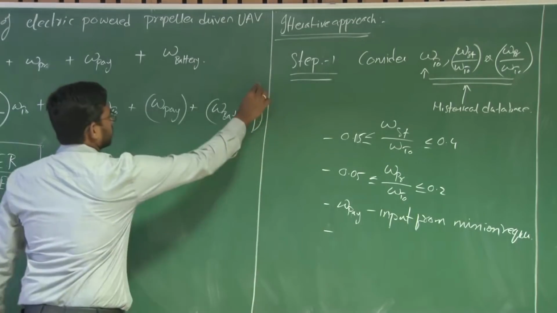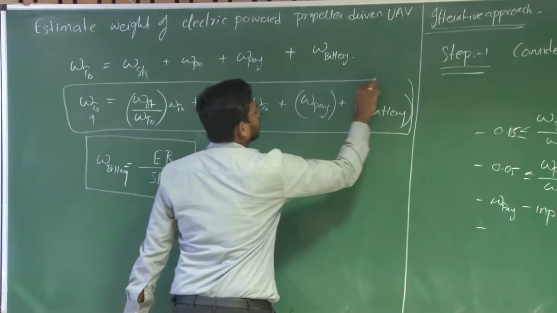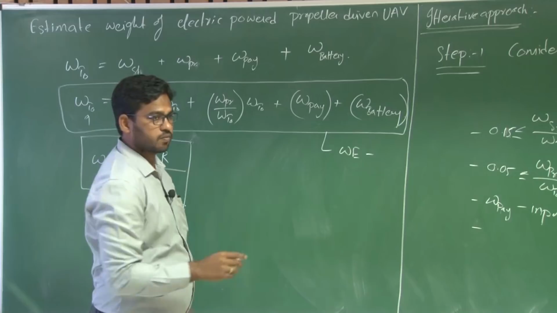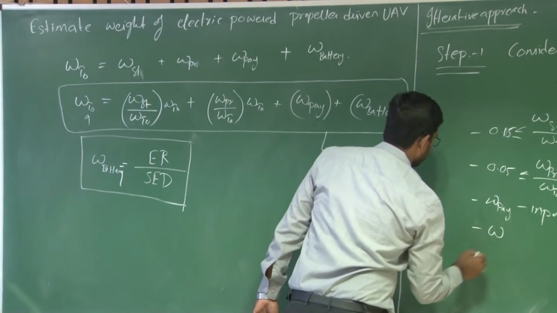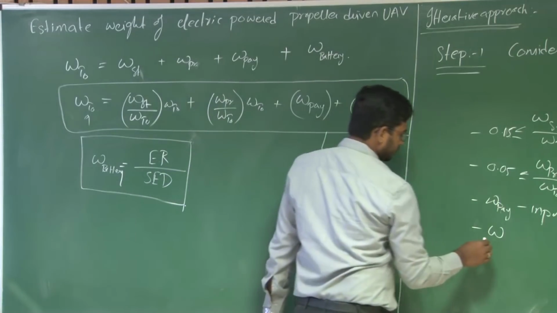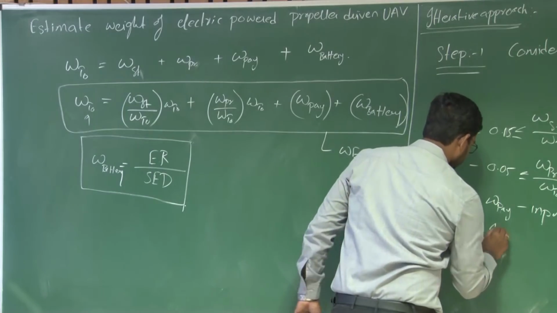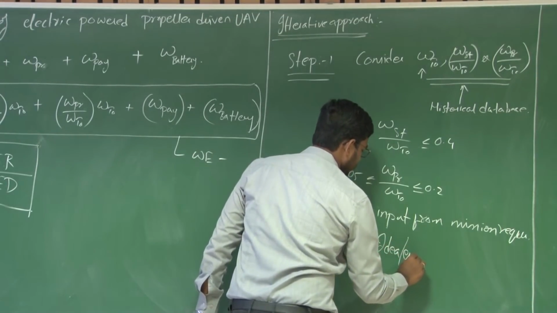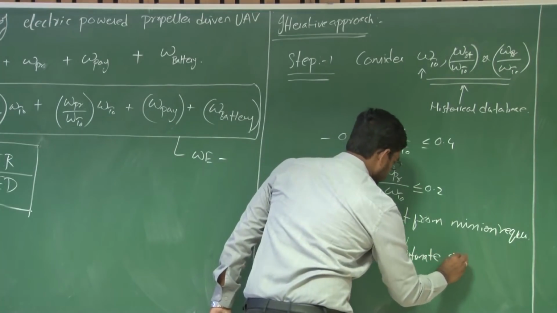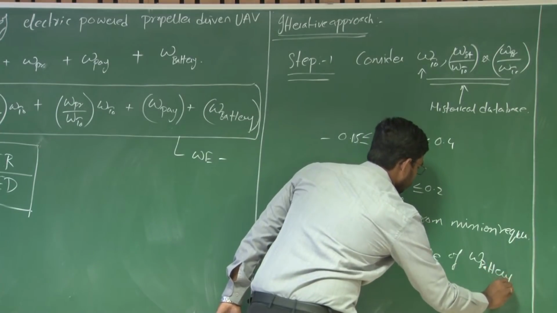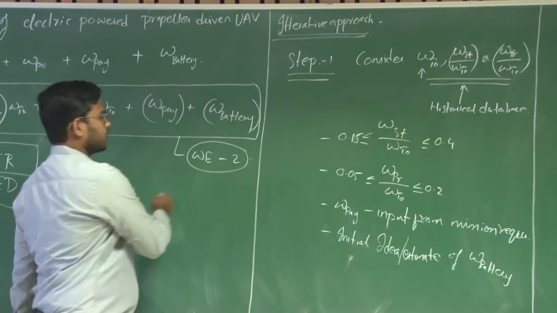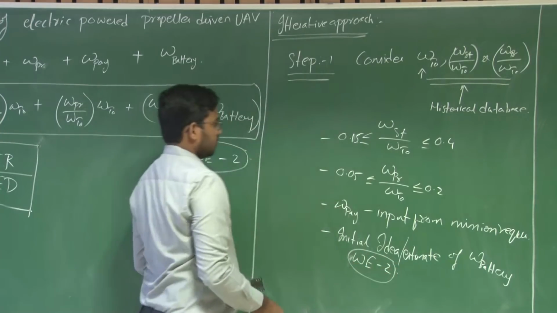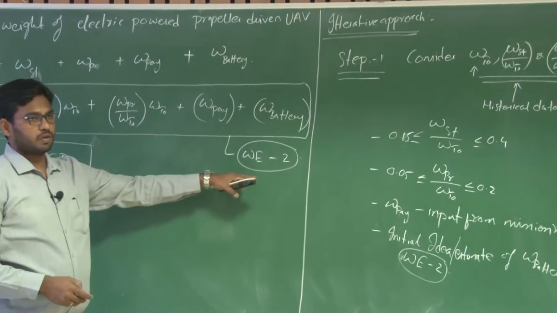So using this equation, which we have numbered as weight estimation 2, say this is WE2, you will get the initial idea of weight of the battery using WE2, right? But we are not going to use that now. That parameter is not of use right now.